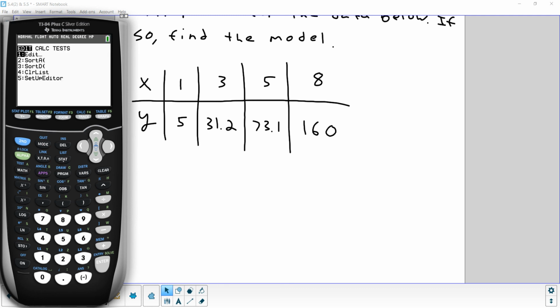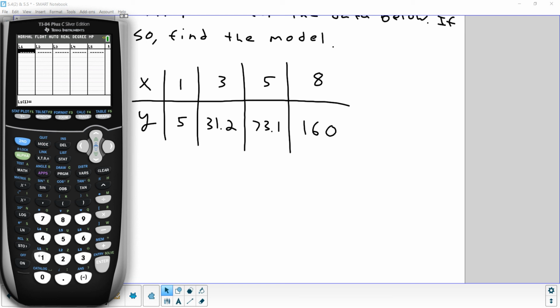So what we're going to do is press Stat, go to Edit, and type in these numbers. If you already have numbers in the table, you can do what I'm doing right now. Highlight the number you want to delete, and then press Delete.